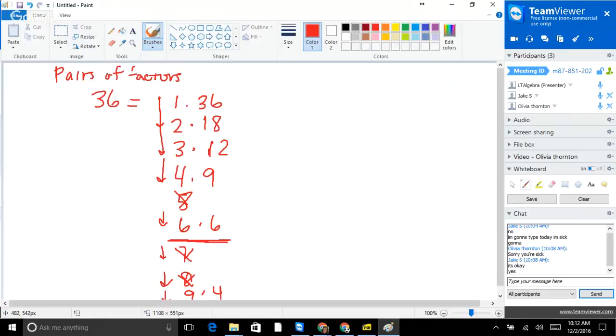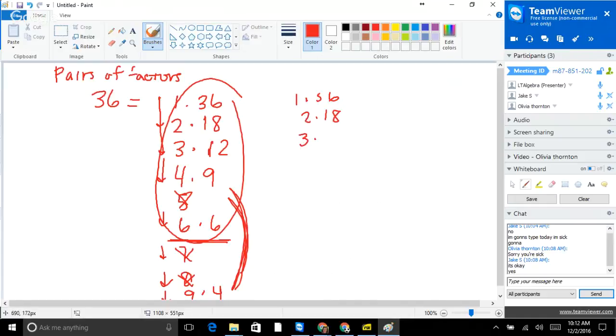So we're getting to the point where we're doubling our pairs that we've already had. So we don't have to repeat them, because 4 times 9 is the same as 9 times 4. So all of my pairs of factors are 1 and 36, 2 and 18, 3 and 12, 4 and 9, and 6 and 6. Okay, and you're going to see on Monday why those are important to know.